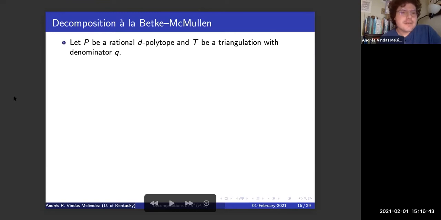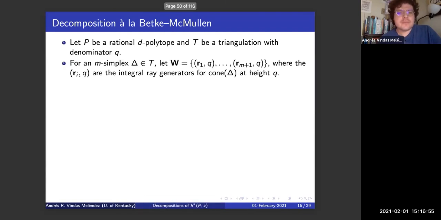And yeah. And so let me now present the first decomposition of the H star polynomial. So again, we're taking a rational polytope P and we're triangulating it.